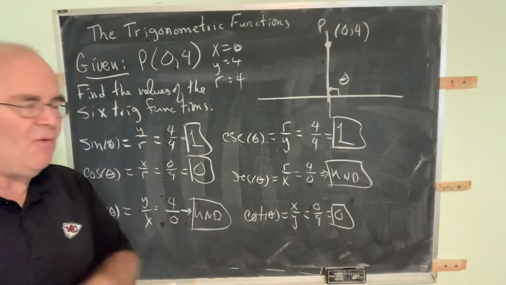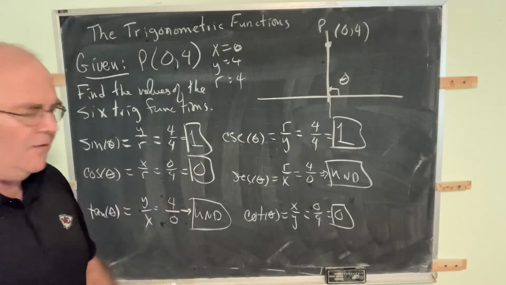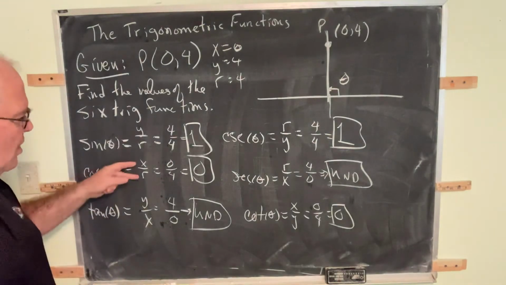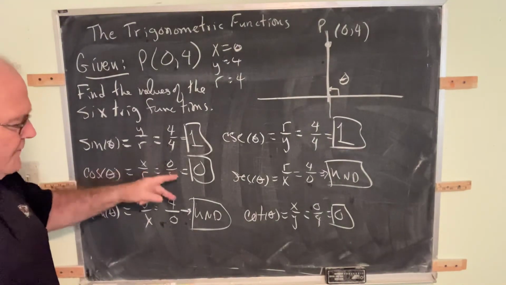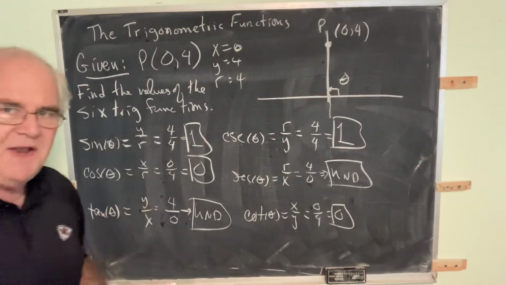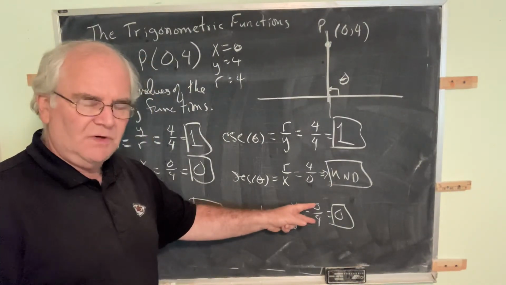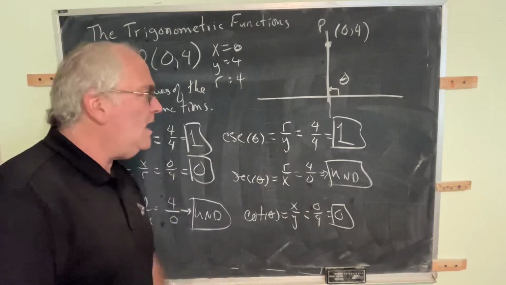That comes into play with all the work that we do going forward. So that's why it's important to know the XYR definitions. If you don't know what the reciprocal of undefined is, it doesn't really make any sense. But the XYR definitions let you get the result you need. So there we have it.